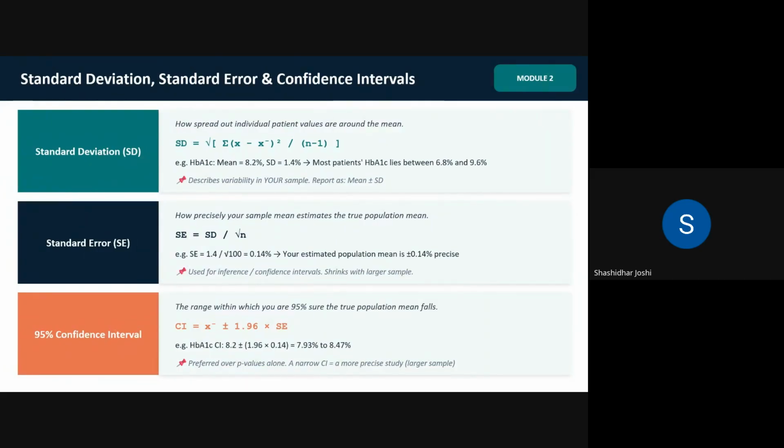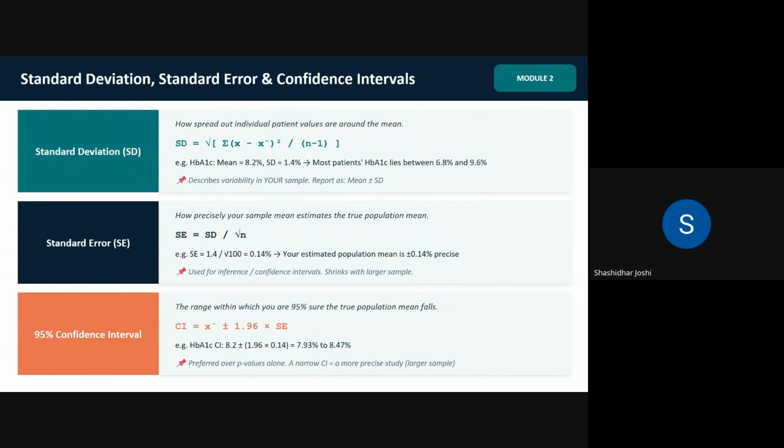I'll use this formula and say that the population mean value comes under, if you see my example here, 7.93% to 8.47%. That is because of the formula used there: x bar plus or minus 1.96 into SE.